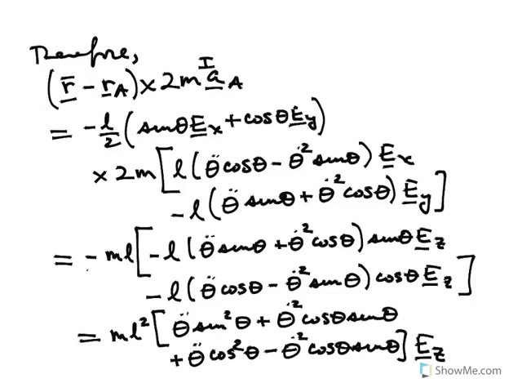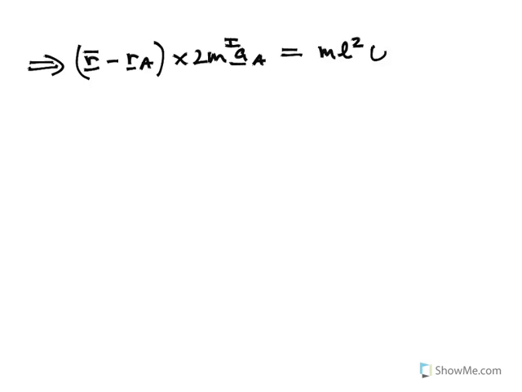So you can see that the theta dot squared terms cancel out, and sine squared theta plus cosine squared theta is equal to 1. So that implies that r bar minus RA crossed with 2m times the acceleration of A in I is equal to mL squared theta double dot.